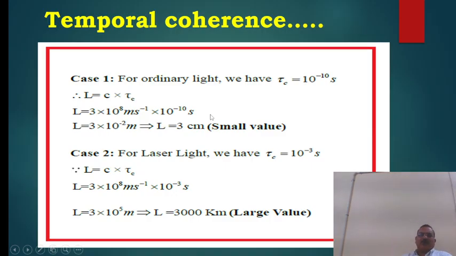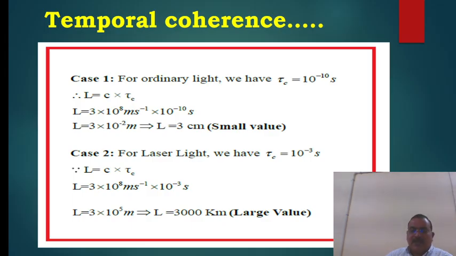The coherent length of ordinary light, how far the light waves remain coherent, is 3 centimeter. But for laser light we have tau c of 10^-3 second, and it is 3 into 10^8 meter per second times 10^-3 second, that is 3 into 10^5 meter. L equals 3000 kilometer, a large value.